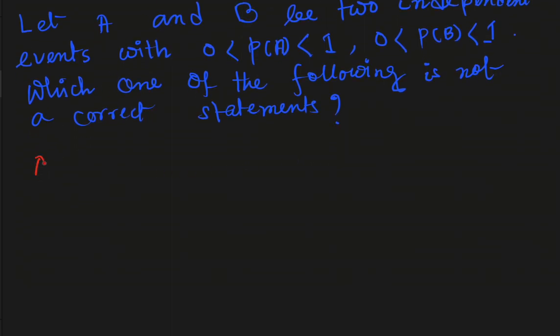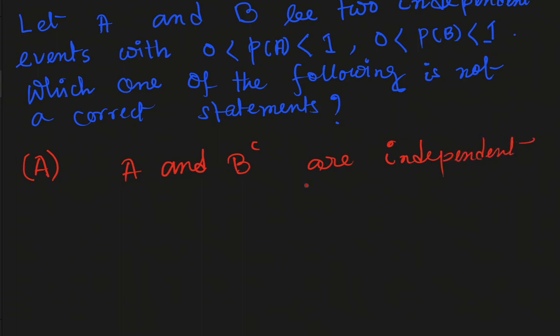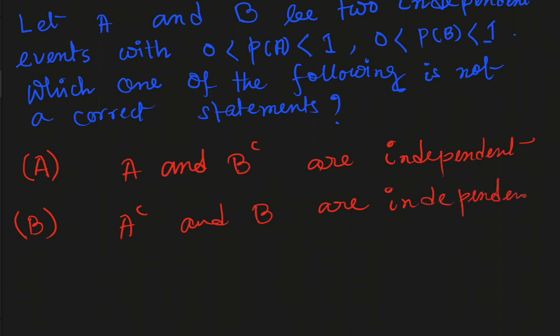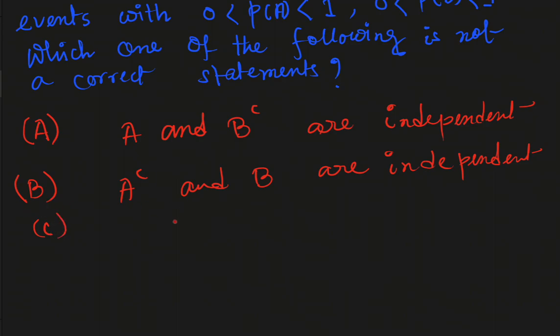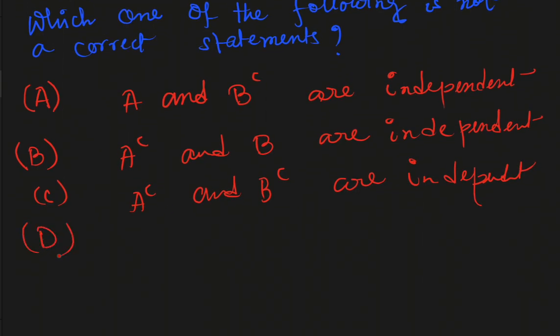The statements are the following: A, A and B complement are independent; B, A complement and B are independent; C, A complement and B complement are independent; and D, A and A complement are independent.